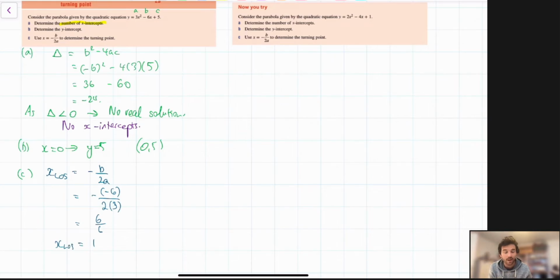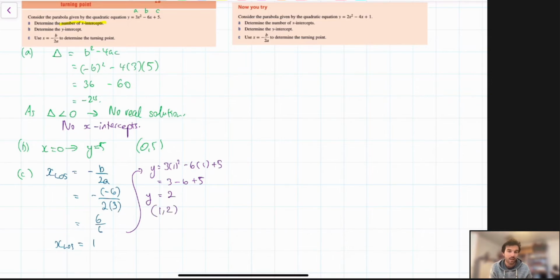So there we go, we've got our x ordinate for the turning point. Let's plug that in to find our y. So y is equal to 3, 1 squared, take 6 lots of 1, plus 5. 3 minus 6 plus 5 is negative 3, and then we've got negative 3 plus 5, it's going to be 2. So therefore, we've got our coordinate 1, 2.